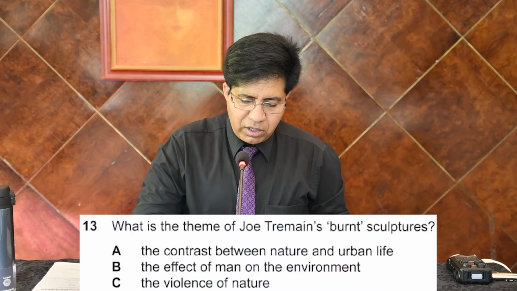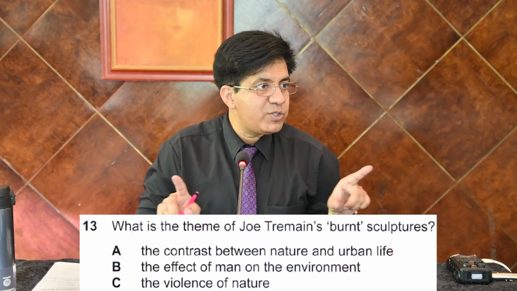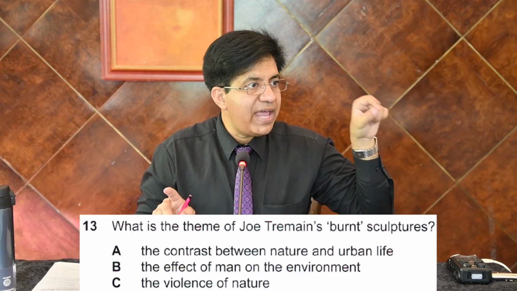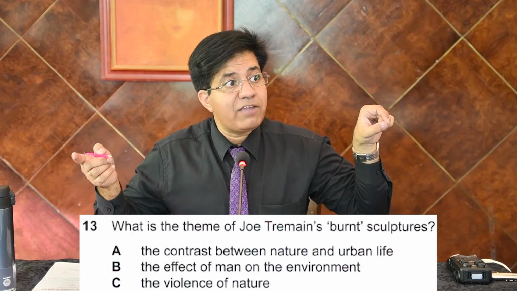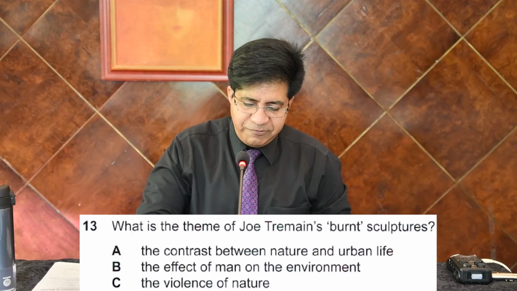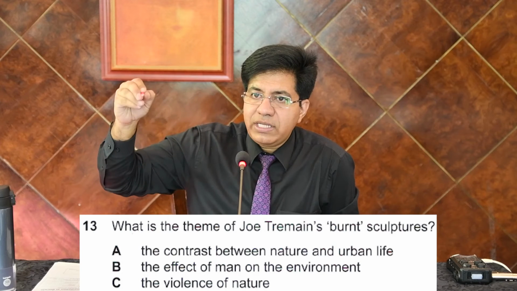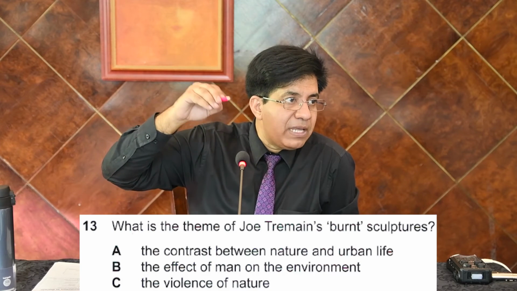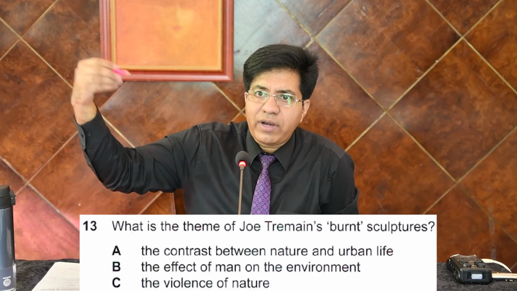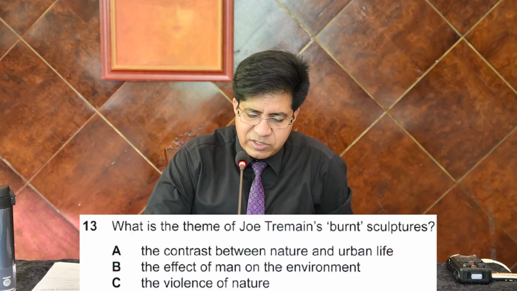Option A, contrast between nature and urban life. Contrast means difference. Nature means natural things, and urban life means city life. B, effect of man on the environment. How do people impact the environment or atmosphere and all that. Option C, violence of nature.